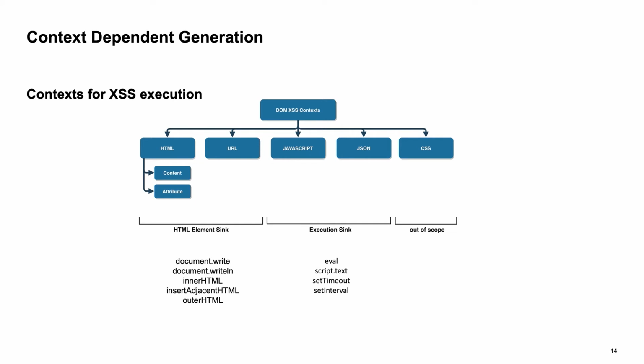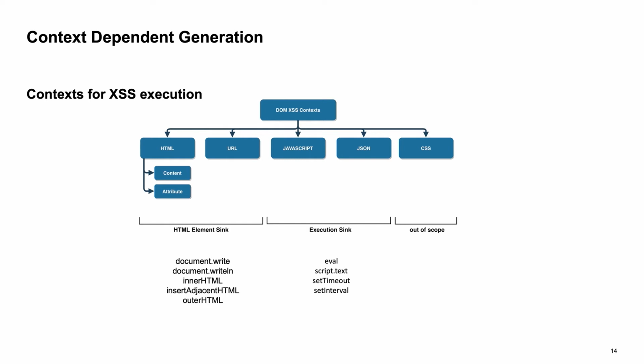The next topic to define is what the contexts for the XSS execution are. In general, we define 5 contexts, which are the HTML context, consisting of the content and the attributes, and here the browser will interpret the code as HTML code and insert it into the DOM.